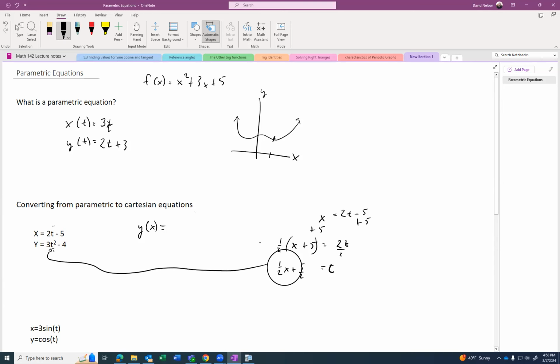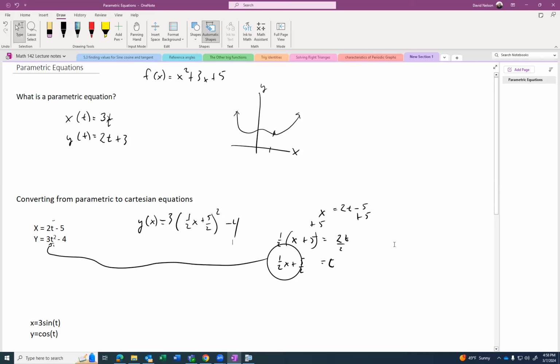So when I substitute that in there, y of x would be 3 times (1/2 x plus 5/2) all squared minus 4, which is our Cartesian equation. We can multiply that out and simplify that a little bit if we had to, but in general, that's our Cartesian equation. That's typically the way we do it.